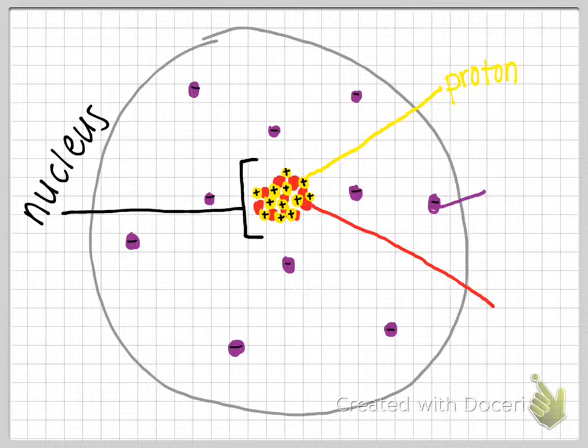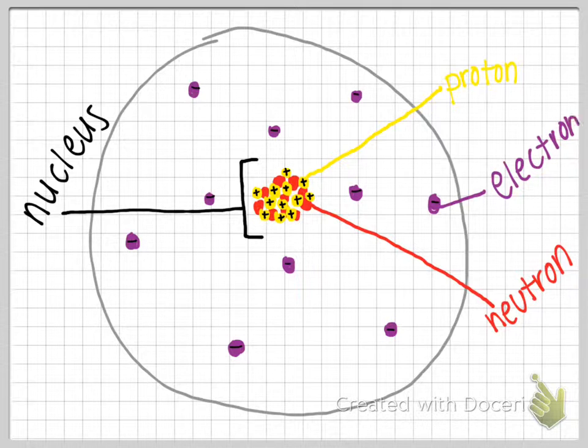The neutrons have no charge, so there's no charge drawn in there. These are the neutrons. So protons and neutrons make up the nucleus. The electrons, which I drew in purple, are outside the nucleus. And those have a negative charge.